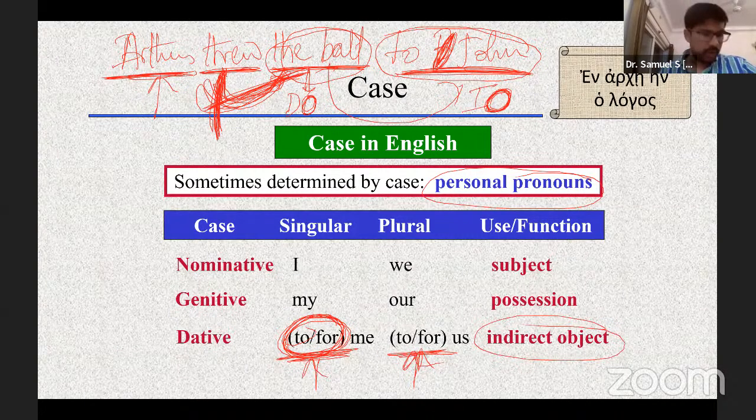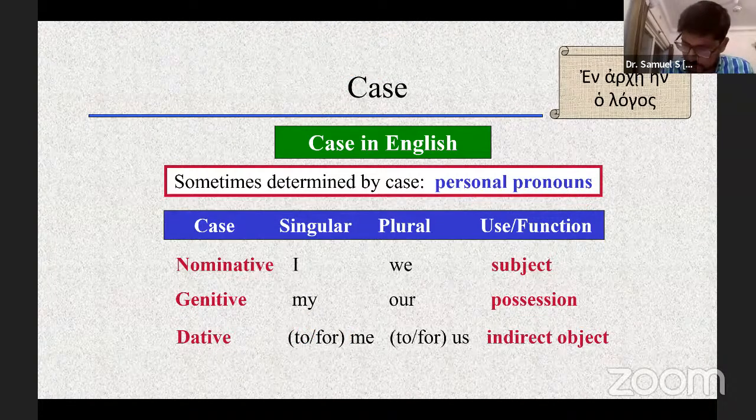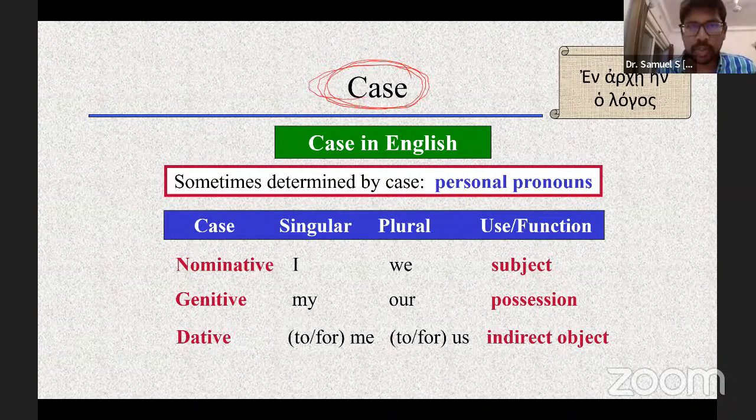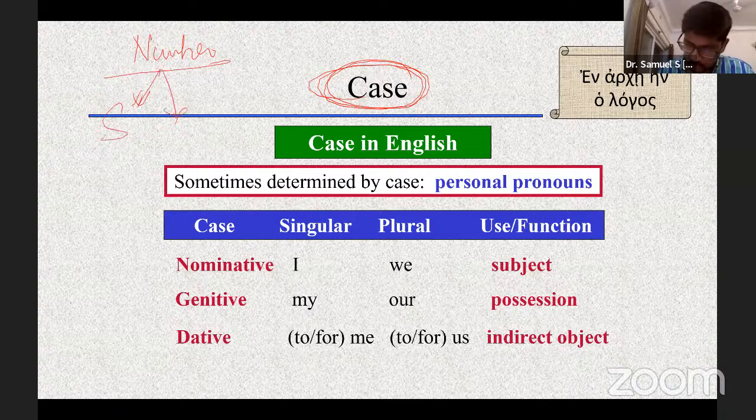So I realize we've already touched time. Let us take a pause at this point, and we will look in the next class at how Greek represents case or function. But just to review, all Greek nouns have number, which could be either singular or plural.